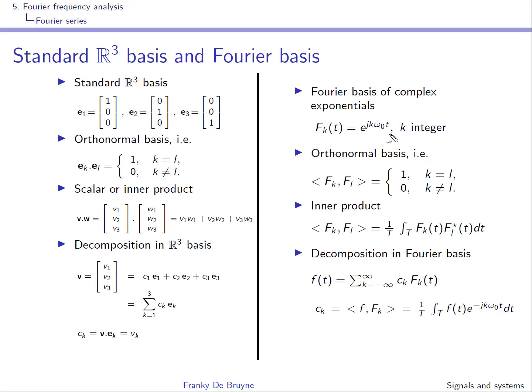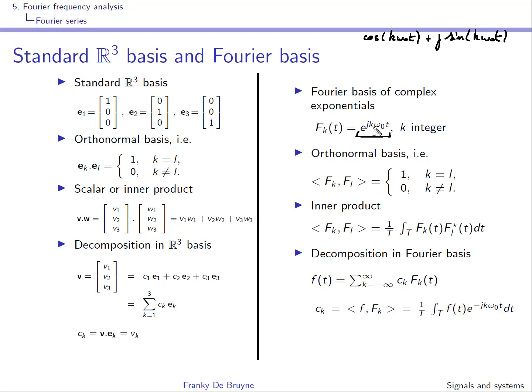Remember that this one here can be written as the cosine of k omega 0 t plus j sine k omega 0 t, right? So it contains cosines and sines. So we'll be using this Fourier basis of complex exponentials.